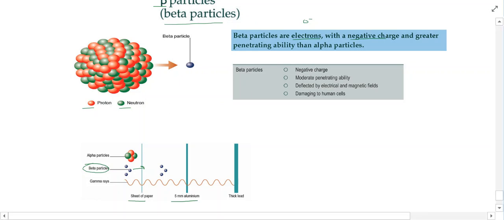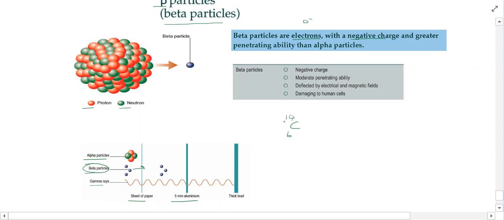Now, essentially what happens is this reaction. When a substance is radioactive, the nucleus spontaneously gives off either alpha particles, beta particles, or gamma rays. If we think about what's actually happening inside the nucleus for beta particles, let's take carbon 14 as an example.